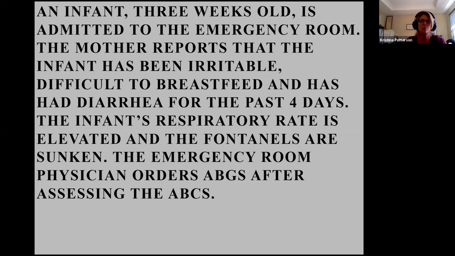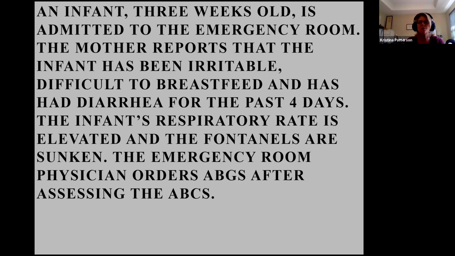So the fact that the respiratory rate is elevated and that the fontanelles are sunken also leads you to the diagnosis of, hopefully you chose, fluid volume deficit. That makes sense because your little infant has had diarrhea for 4 days. That's a long time for an infant to have diarrhea.